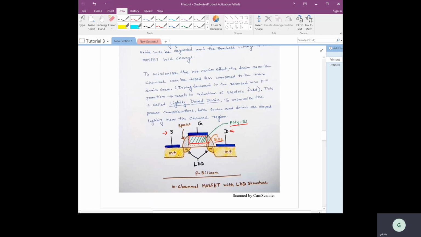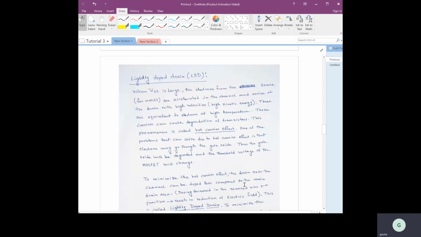But here you can see, beside the source and the drain, we have these two small regions, denoted with N. This is denoted with N plus, and this is denoted with N. That definitely means this region is lightly doped compared to the source and drain, right? So these two regions, or this technique, is called LDD, or lightly doped drain structure, right?